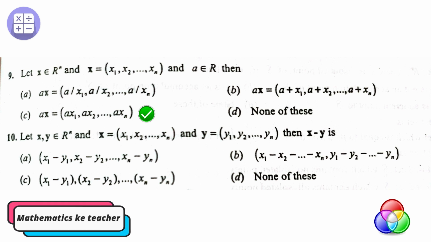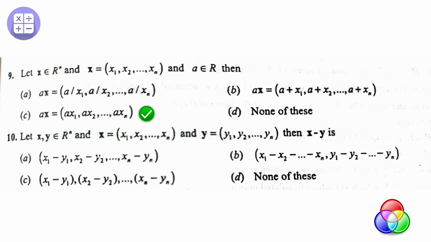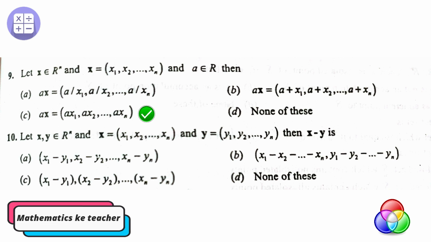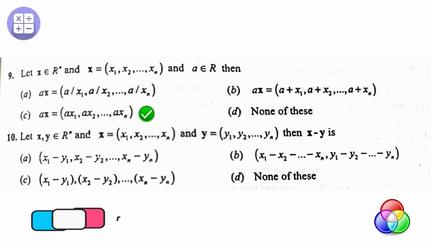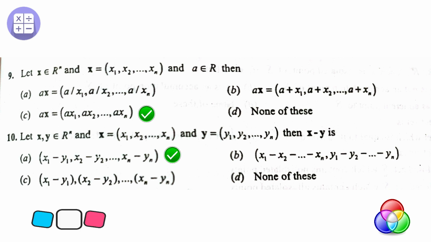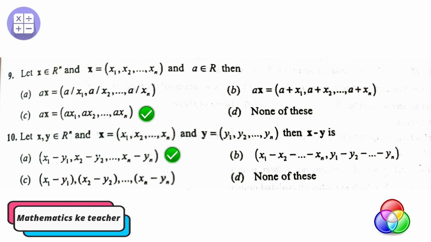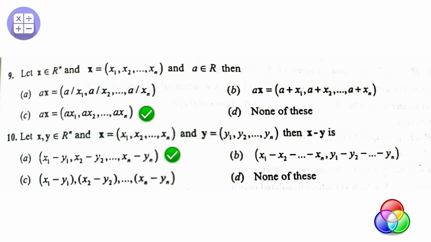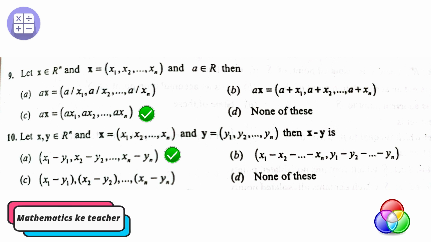C, (x1 - y1, x2 - y2, x3 - y3, ..., xn - yn). D, none of these. Correct option is A, (x1 - y1, x2 - y2, ..., xn - yn).